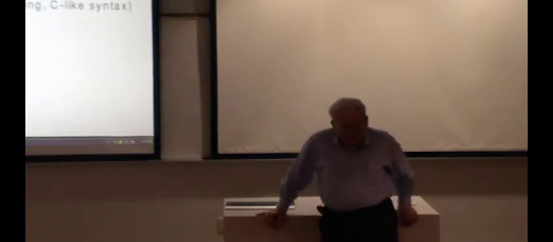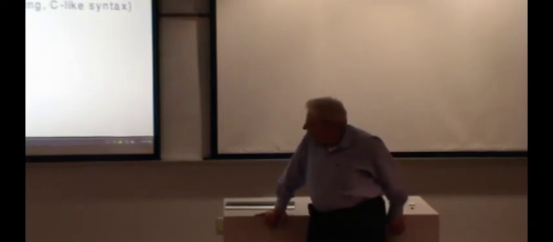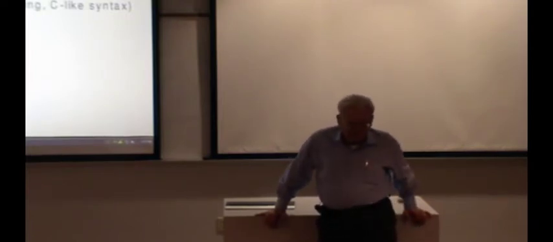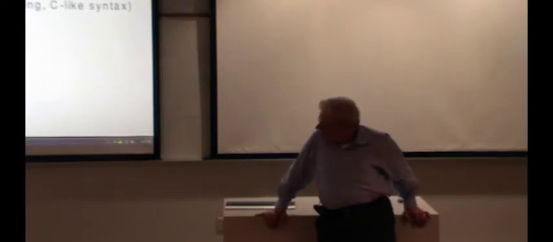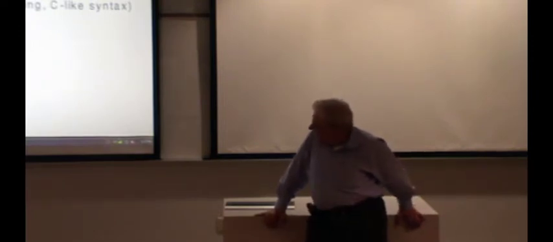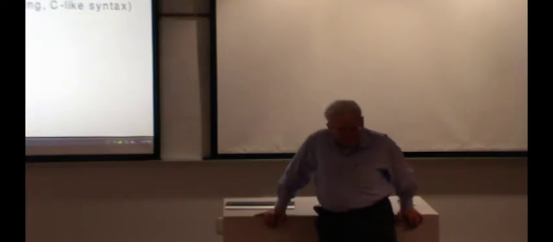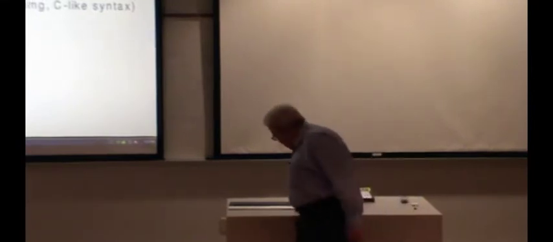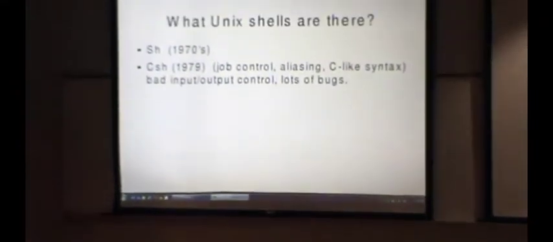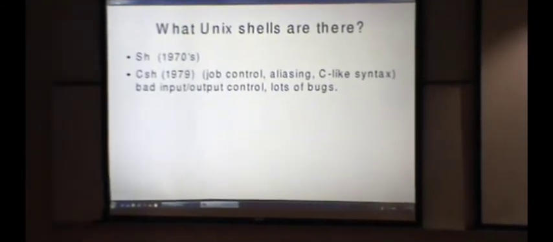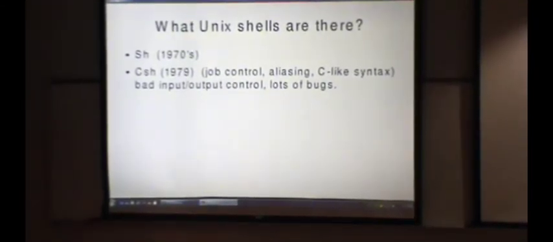So in 1979, a project came out called the C shell. And the C shell added job control, aliasing, and it had a C-like syntax. Those are the good news. The bad news is that the I/O control in the C shell is a disaster, and it has lots of bugs.